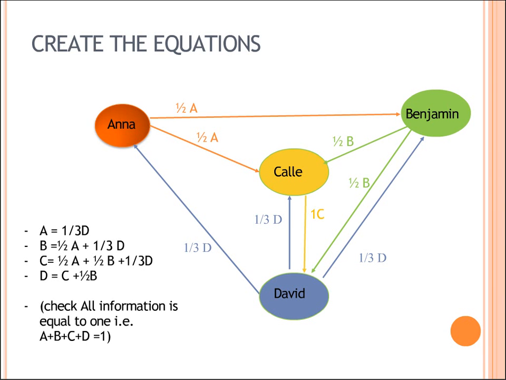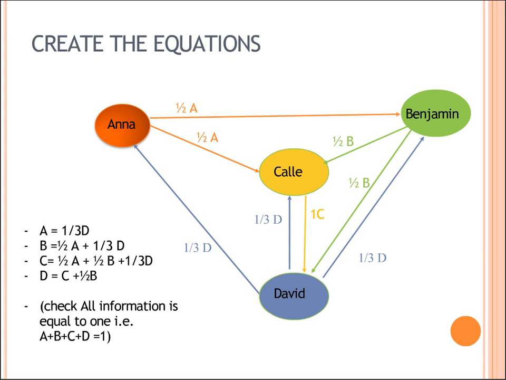If you look at David, from David we have 3 blue arrows going out. So in a sense, David is giving his power to 3 people, 1/3 to Anna, 1/3 to Kalle, and 1/3 to Benjamin. Anna is giving her power towards Benjamin, and also towards Kalle, and so forth.